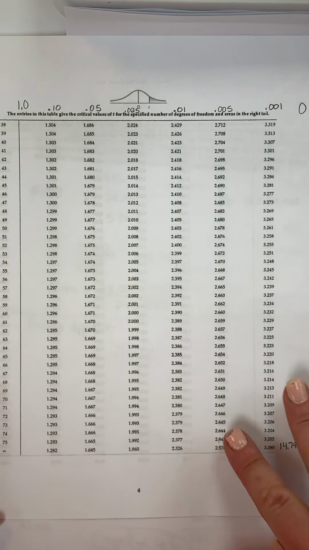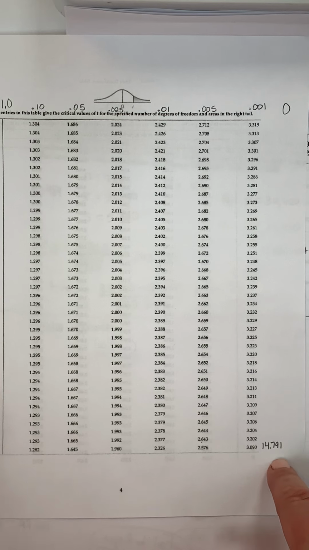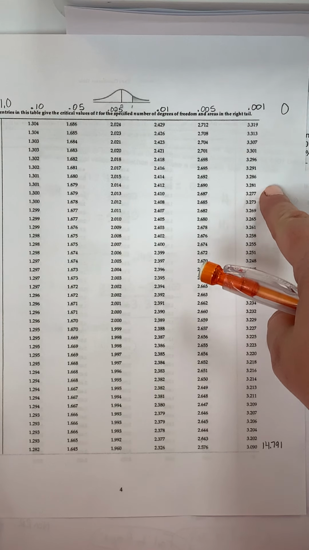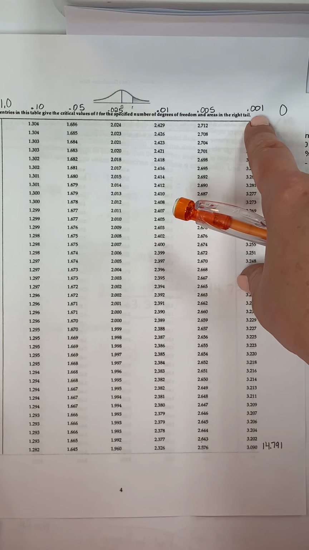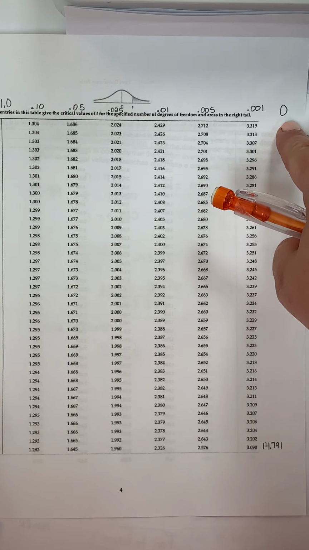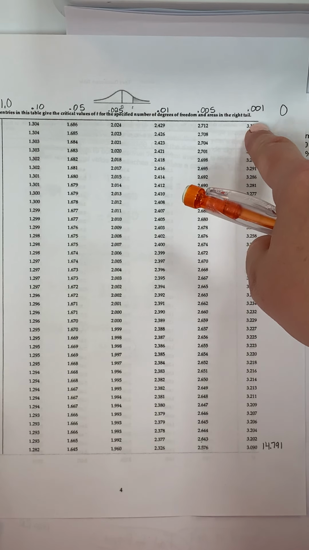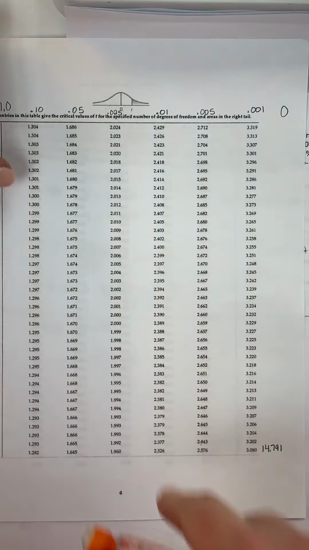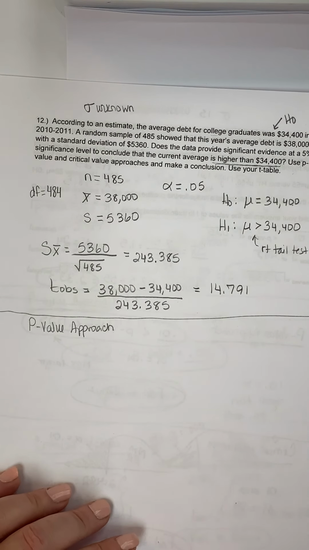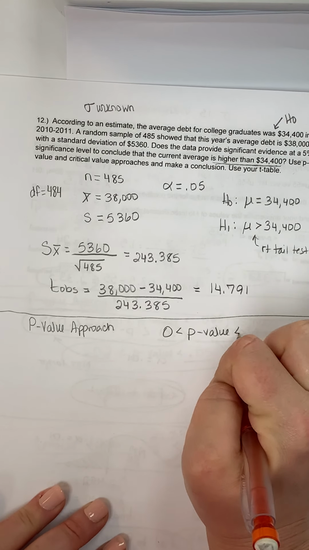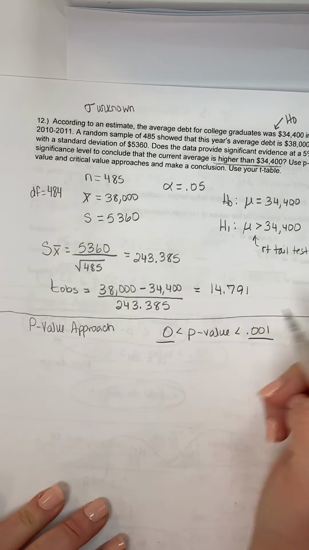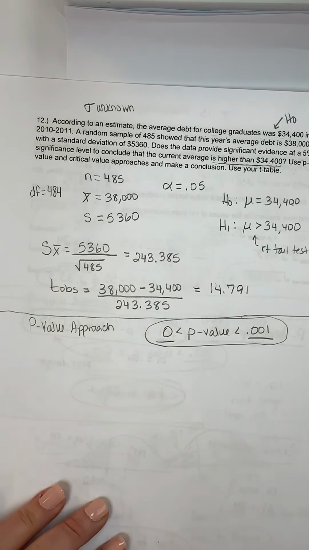If, like this problem, our T observed value is all the way on the other side of the last column, we go up. Our area is between these two. So this is the largest, this is the smallest. Our p-value is between 0 and 0.001. And I do not have to multiply these by 2 because it's not a two-tailed test.